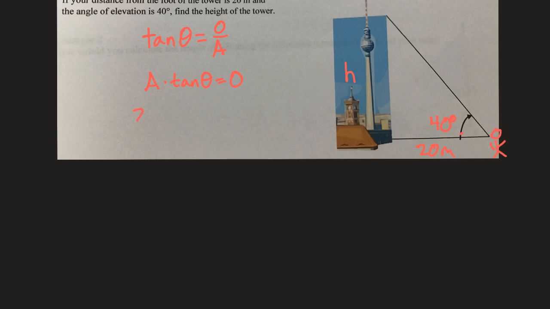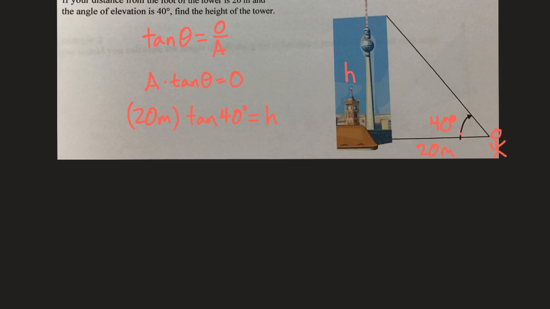So our adjacent is 20 meters, our tangent is for 40 degrees, and our opposite side is our height. Now we have our numbers plugged in.